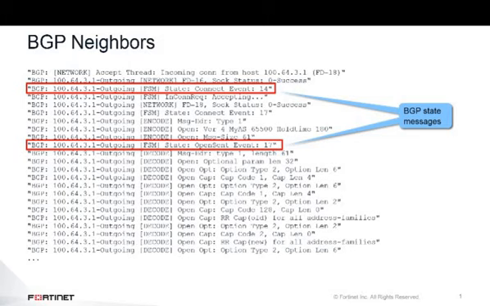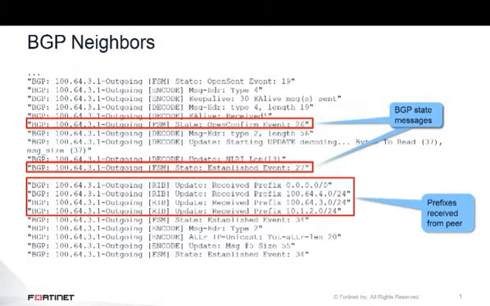In this example, the output shows when the session goes to open sent state. This slide shows the real-time debug output containing the open confirm after the keepalive is received from the neighbor, as well as the establishing of the connection. The output also lists the prefixes FortiGate received after the BGP session is established.